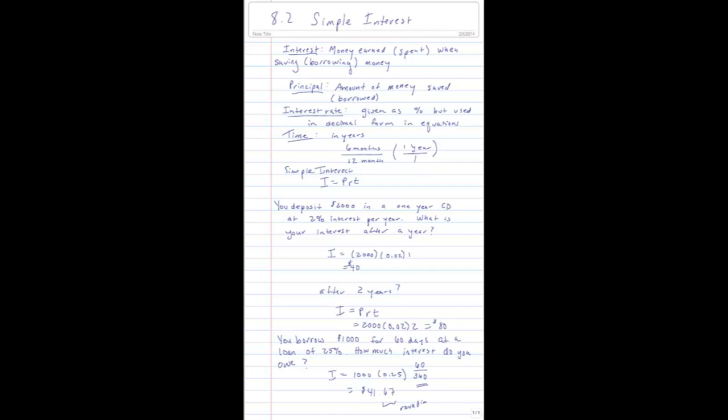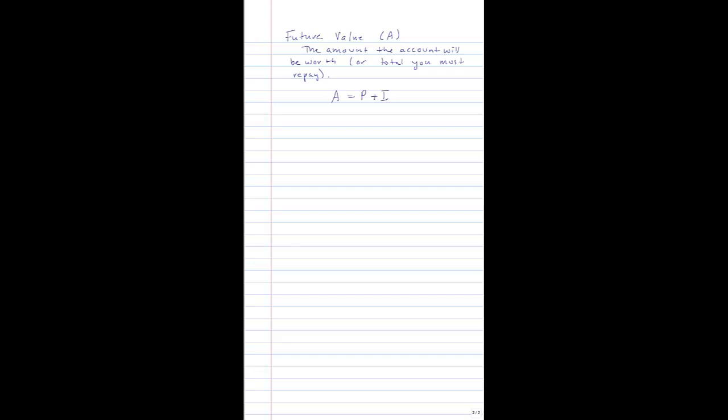The next thing we're going to talk about is future value, and that's usually indicated by the letter A. The future value is the amount the account will be worth, or the total you must repay at the end of the time period. In general, you can think of the A as being our interest plus our original principal.